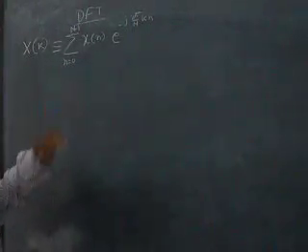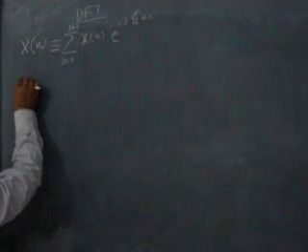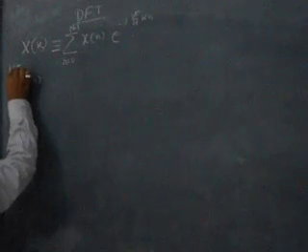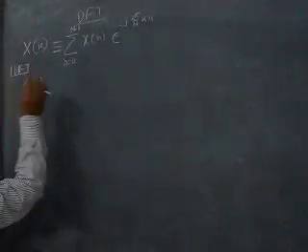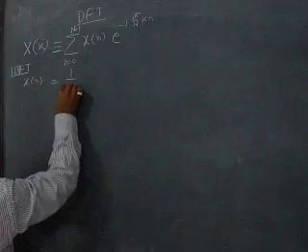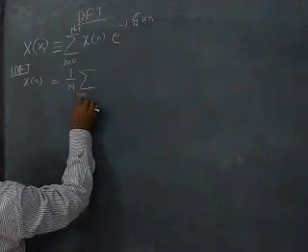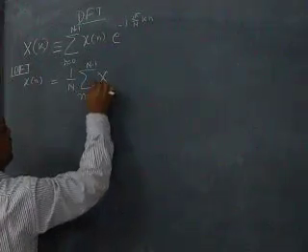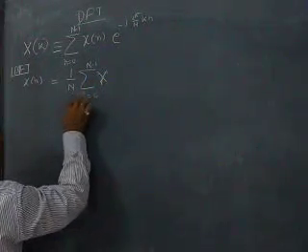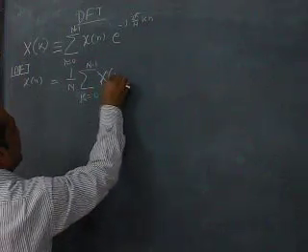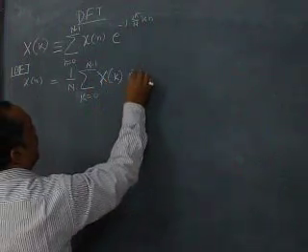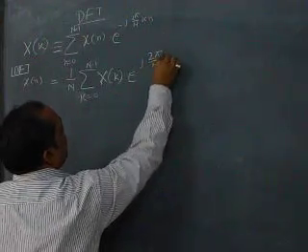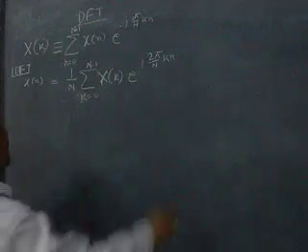And similarly, we can define the IDFT, and the IDFT will be x of n, that is the IDFT, will become 1 by N, the summation n equal to 0 to N minus 1, X of, not n, but here now this will become k, because this is X of k, and e to the power j 2 pi by N multiplied by kn.